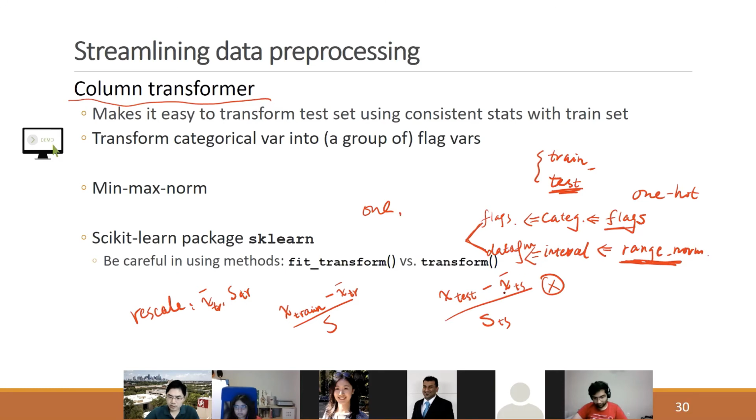Because the model is not supposed to know the real statistics of the test set. It should be hidden. It should be locked up. But you still need to do the transformation because the model has to conform to the format and the rough region of the training set. So you still need to rescale the test set, but you always use the train statistic.